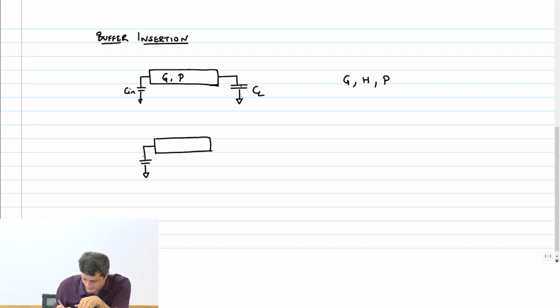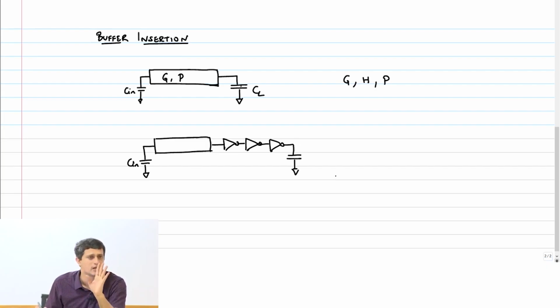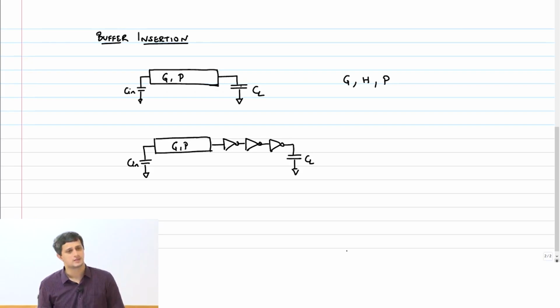Same Cin, because that doesn't change. Then I start inserting inverters in the path. Some number of inverters I'm going to put. I'm not going to worry about the logical inversion at this point. So this is G comma P. That doesn't change.